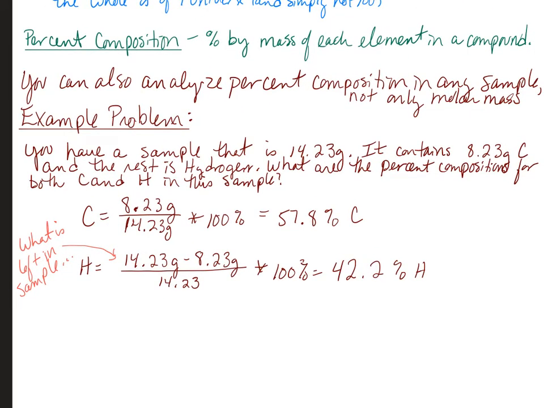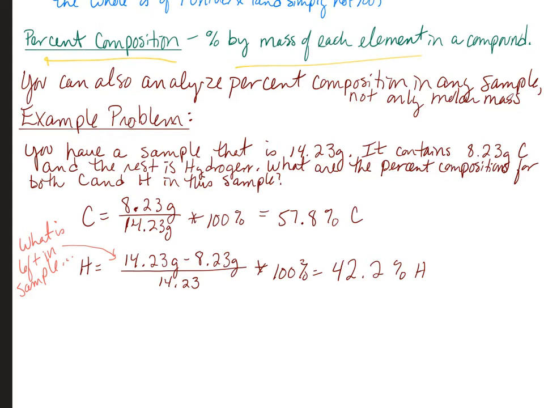So what we actually just configured was the percent composition of CO2 by both C and oxygen. And what this means is it's just the percent by mass of each element in the compound. You've already done math, you've already figured out something that's really important. Well, you can also analyze percent composition in any sample, not only the molar mass.